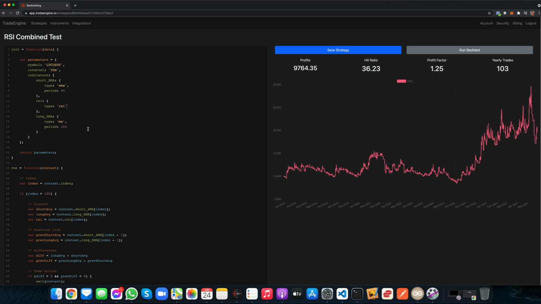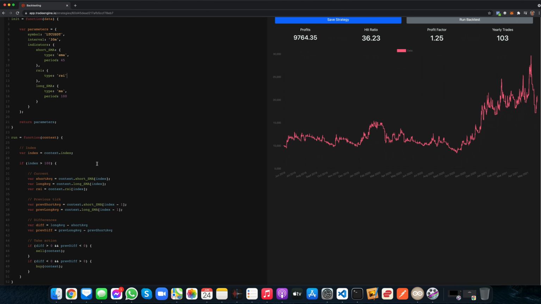So here, I take the value of the RSI, and now I will combine those two indicators. My first indicator is when those averages cross. I use that to trade, to sell or to buy. So now let's combine that with the RSI. I will just change my code over there.